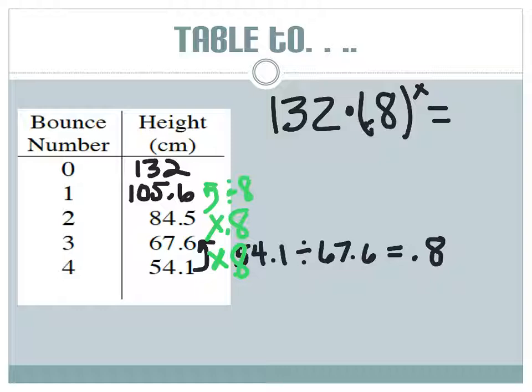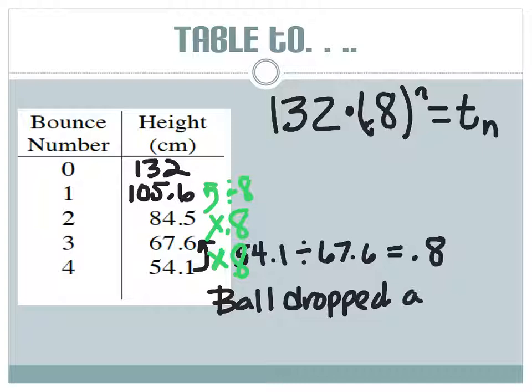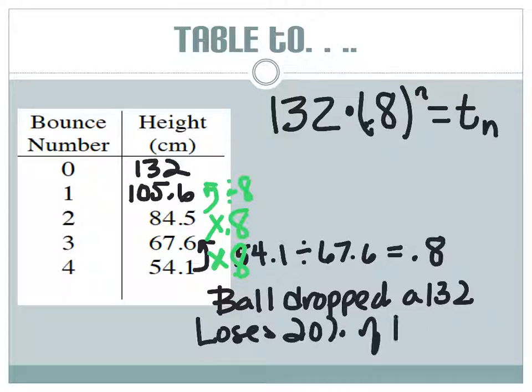And actually this is an example of a sequence, and we could use sequence notation because each bounce is its own thing, and we can't talk about a half of a bounce. So this is a perfect example of a sequence. So what's going on here? The situation, this is a ball dropped at 132 centimeters that loses 20% of its height each time.